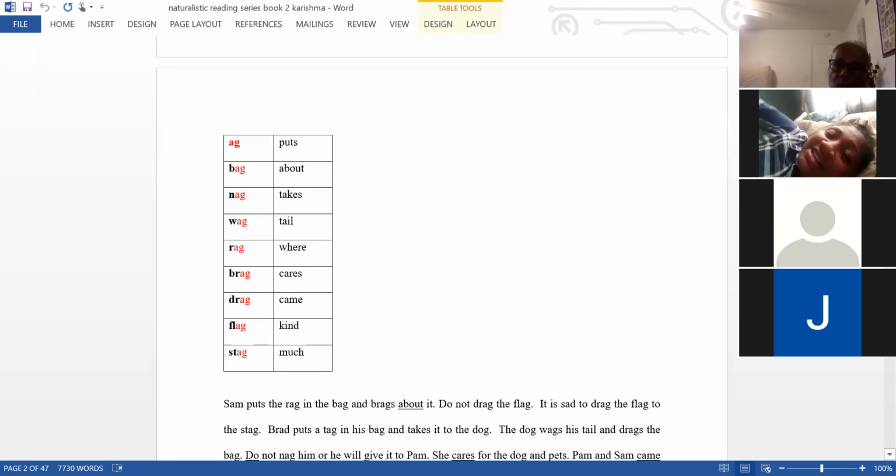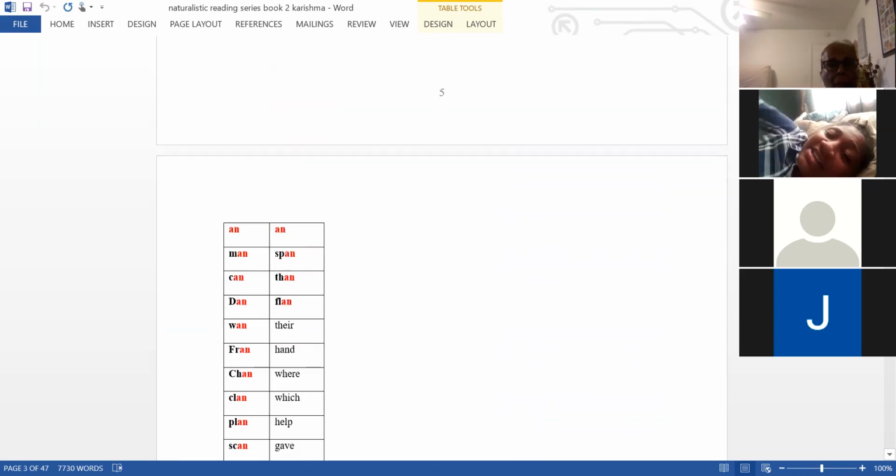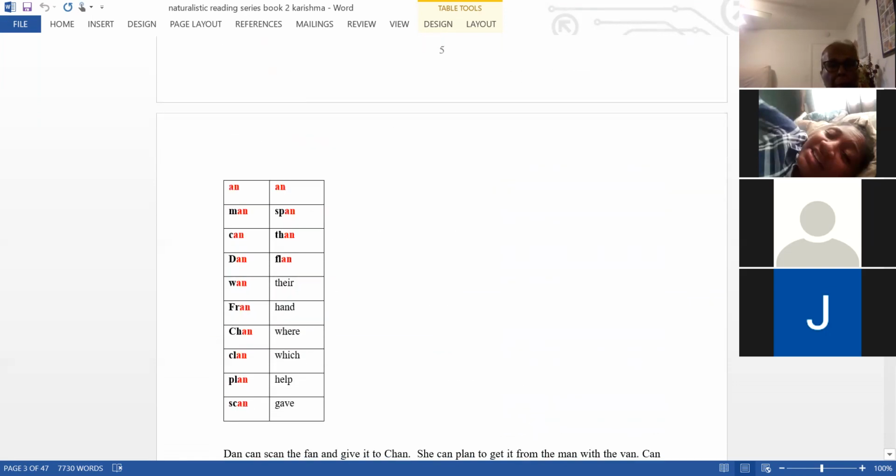And this entire book 2 is similar. Single words, and then you have br, dr, fl, st. It's a lot of repetition again, using these blends, so it becomes easier for them.